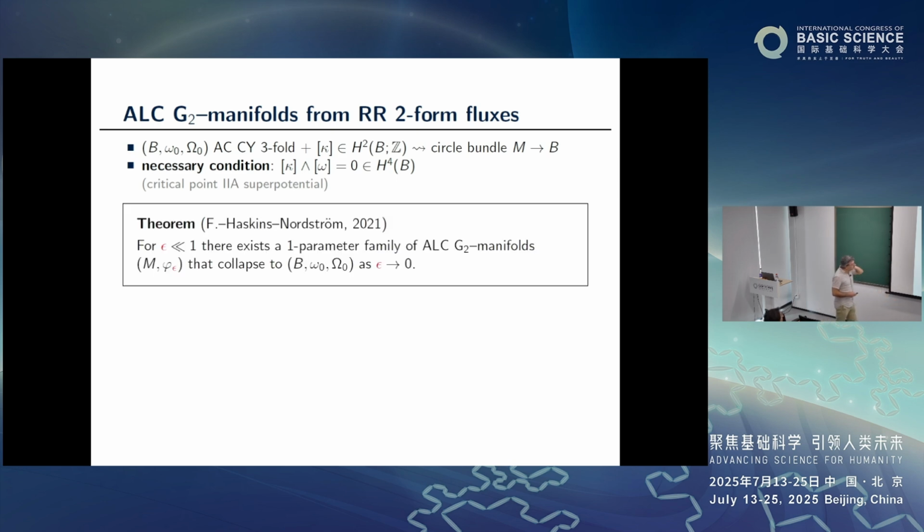Okay, and basically the theorem is a very general existence result. Whenever we're given an asymptotically conical Calabi-Yau threefold and a cohomology class in degree 2 that satisfies this condition, where omega is the Kähler class, then for epsilon sufficiently small, there is a one-parameter family of these ALC G2 metrics on this principal circle bundle that, in the limit epsilon equals 0, converge back to the asymptotically conical Calabi-Yau.